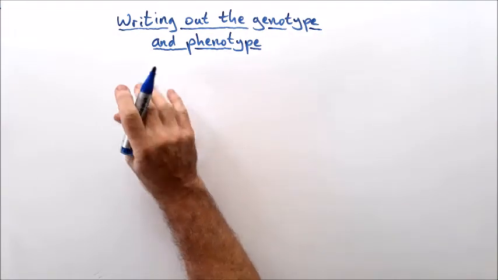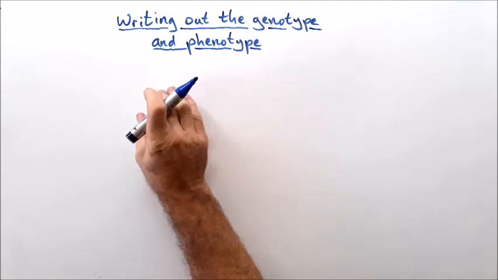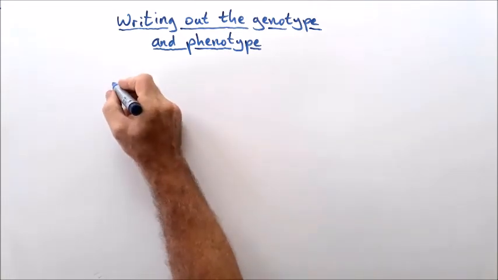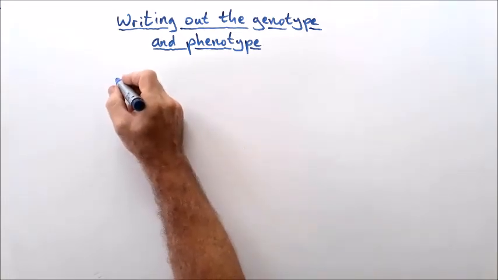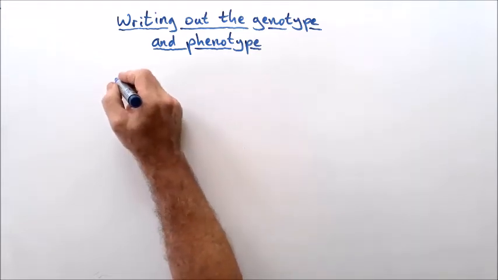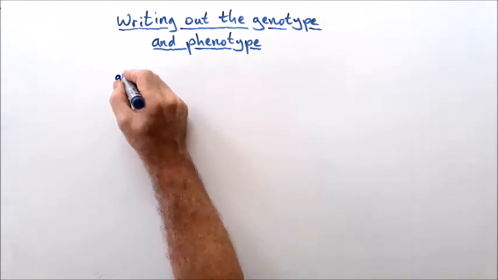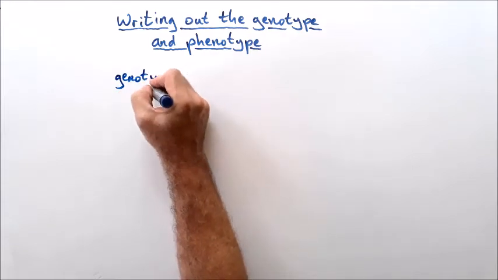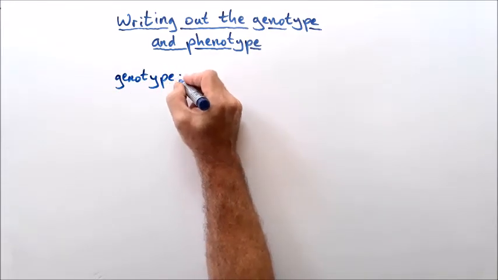Right, writing out the genotype and the phenotype is the last step of solving a genetics problem. Good practice would be to write the genotype.